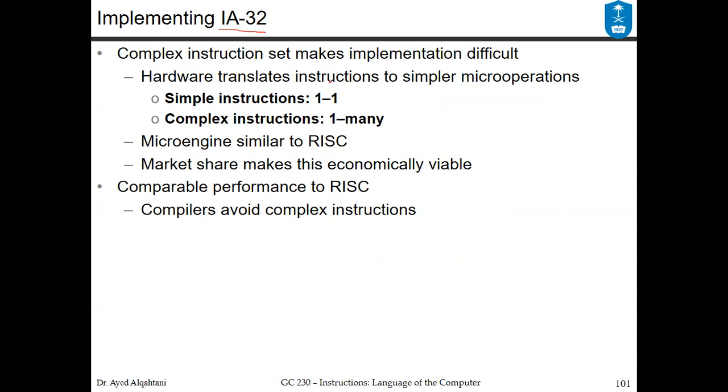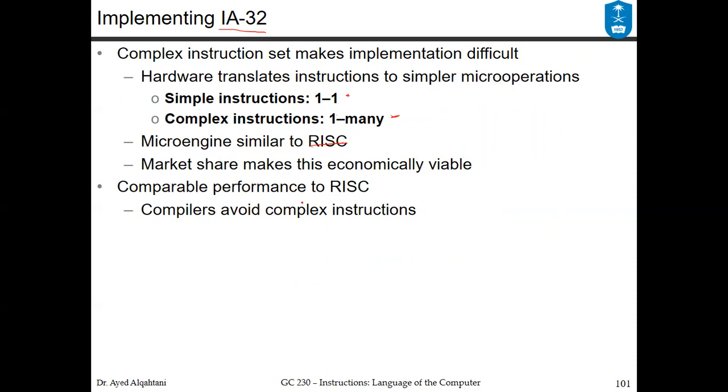You have hardware translate instruction to simpler micro operations. You have simple instruction 1-to-1, and the complex instruction 1-to-many. And this is what happened for Intel. This is what happened for the MIPS and the ARM. It's a micro engine similar to RISC. The market share makes this economically viable.